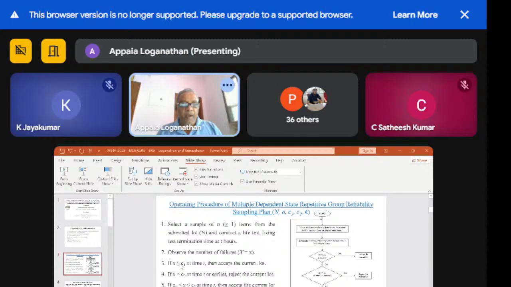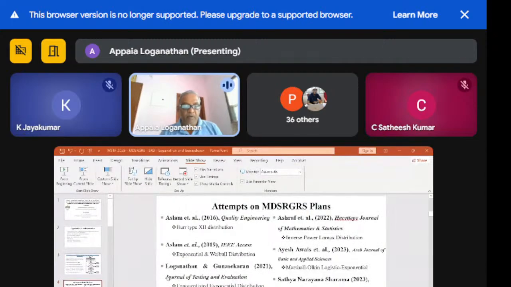So these are the various attempts made earlier on developing MDSR-GRS plans. The work was initiated by Aslam and others, and the paper was published in the journal Quality Engineering for the Birnbaum-Saunders type distribution. These are other attempts made on developing MDSR-GRS plans for various lifetime distributions: the Birnbaum-Saunders distribution, exponential and Weibull distribution, and myself and my co-author of this paper, Dr. Gunasegaran, exponential and inverse power Lomax distribution, Marshall-Olkin logistic exponential distribution and gamma distribution.